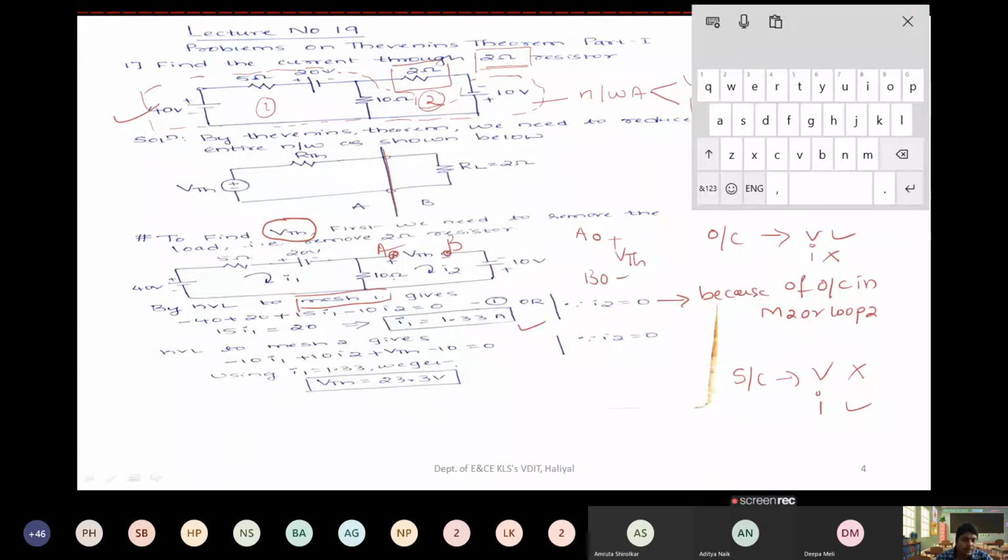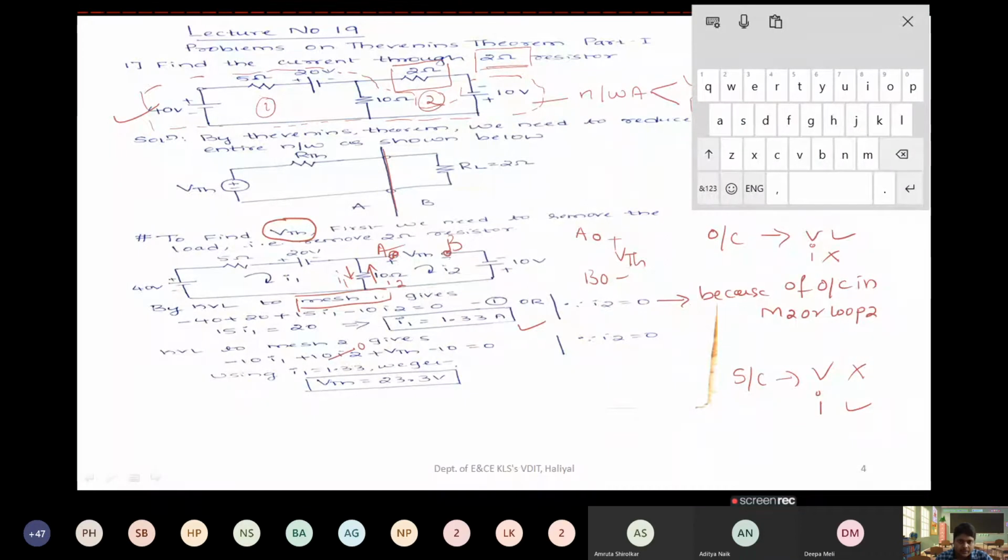So you will be able to apply the KVL, so that what you will get is minus 10 I1, this current which is flowing in the opposite direction, and I2 is flowing like this. Then plus 10 I2, so I2 will not be there, so this is 0, right?